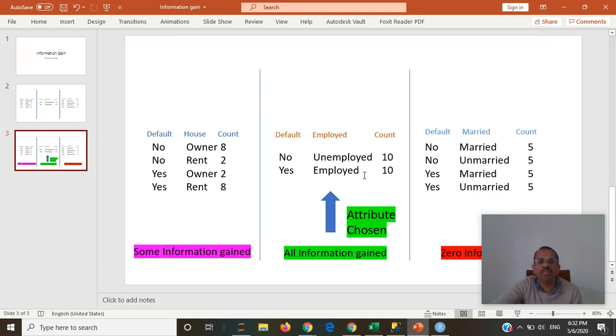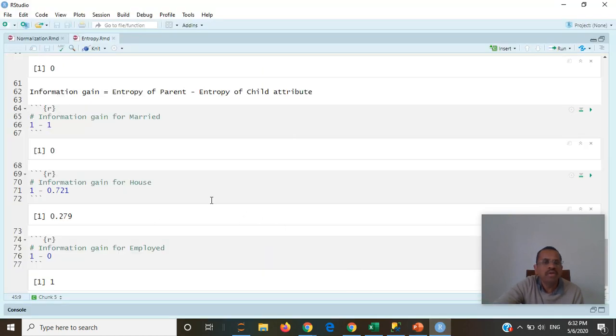Once we know the employment status, we can almost certainly predict what will happen about default. So from this simple calculation, we can get an idea about information gain, entropy, and how to calculate it. I think you got this information and will find it helpful. Thank you.